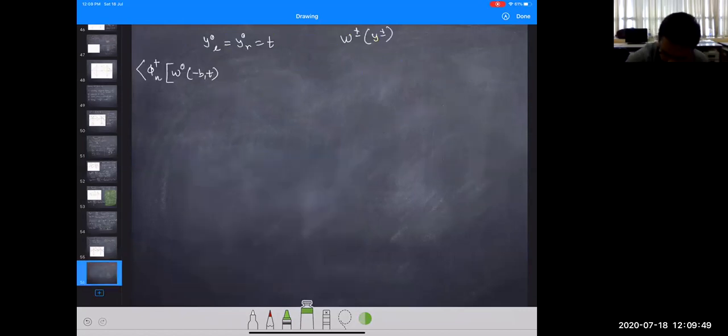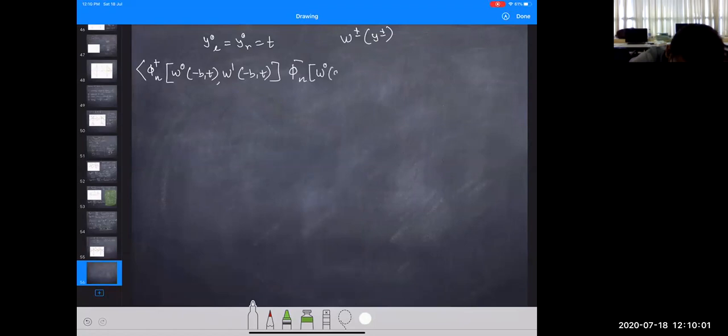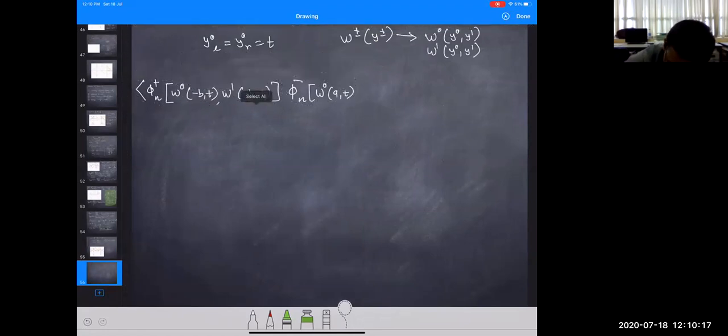Okay, I want to just plug them in here, and this is probably the largest equation I'll ever write. I minus n, omega 0, a comma t. So when I say omega 0 as a function of y0 comma y1, and omega 1 as a function of y0 comma y1, which can be derived from this function, and I had given these expressions earlier. Okay, the 4-point function that I have to write down is this, comma omega 1 a comma t.